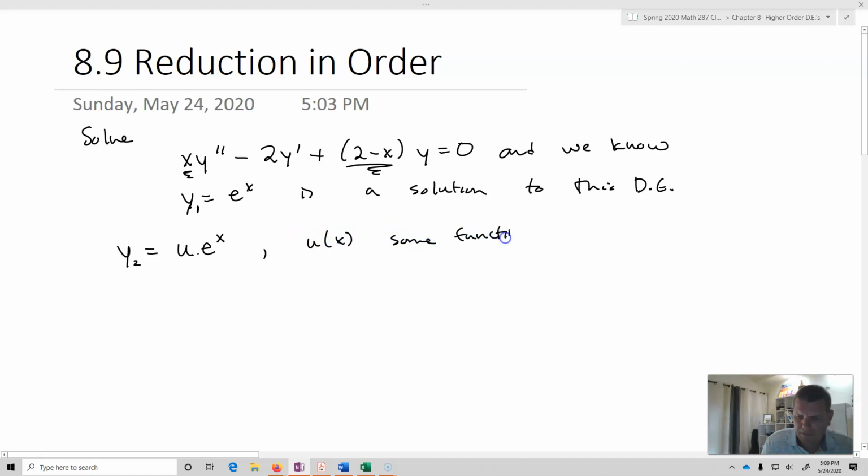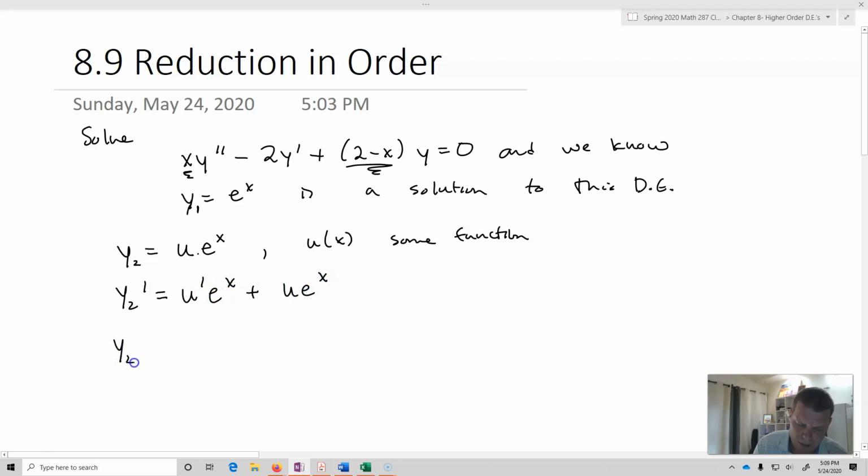Very similar to variation of parameters, we suppose that we have a function that we multiply by our solution to see if we can find another, linearly independent solution. So then y2 prime is going to equal u prime e to the x plus u e to the x.